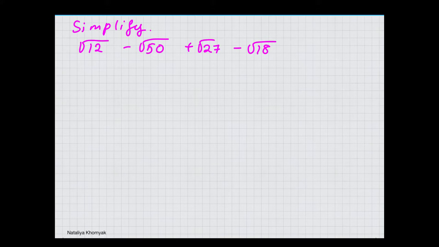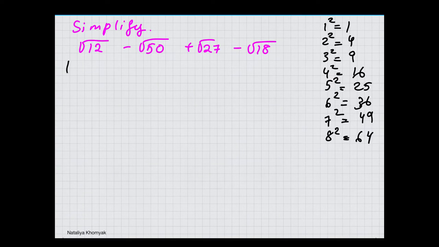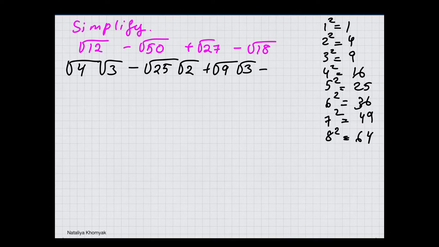So before we can combine these, we need to simplify each of those radicals. And the easiest way of doing this is to make the list of perfect squares. So square root of 12 can be written as 4 times 3, minus square root of 50 can be written as 25 times 2. Square root of 27, well, this is square root of 9 times 3, minus square root of 18, that's 9 times 2.